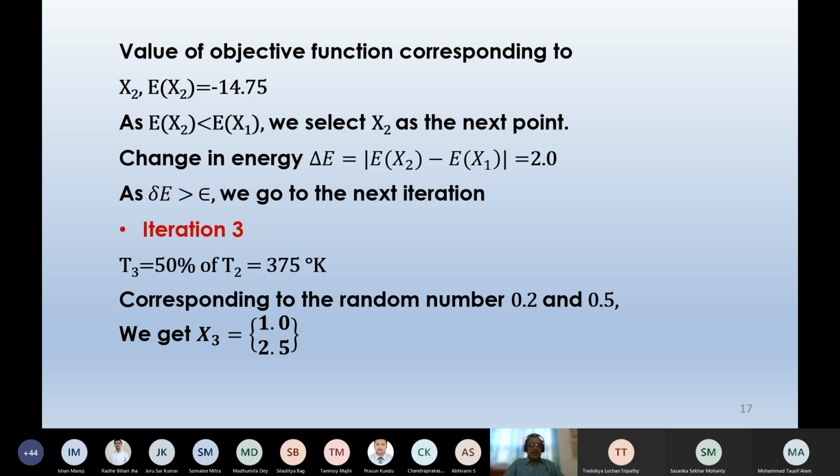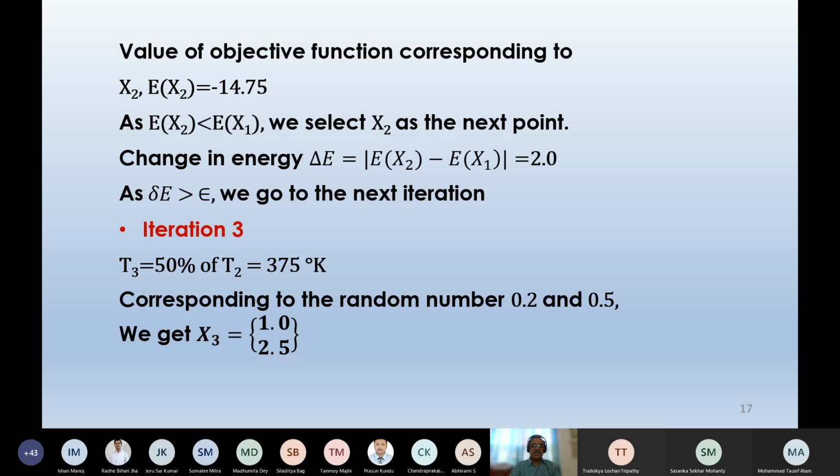As Ex2 is found to be less than Ex1, we select X2 as the next point. So this particular condition holds good. X2 is considered as the next point.